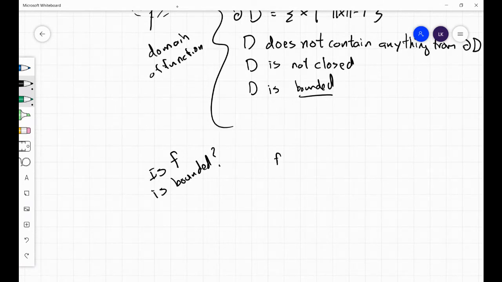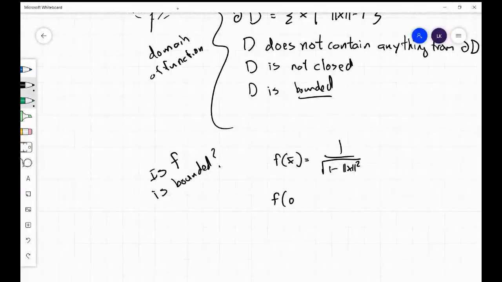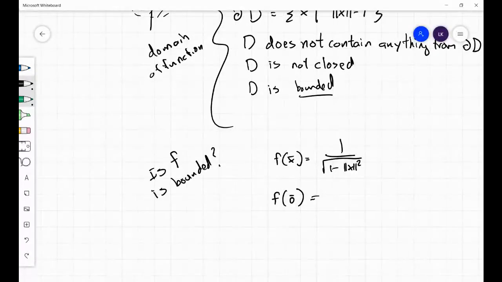So if you look at the function on its domain, what's the function at the origin? It's equal to 1, because you get 1 over the square root of 1 minus the magnitude of 0 squared. So you get 1 over 1.